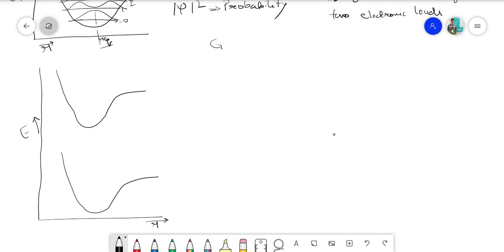So ground state levels are represented by double prime and the excited state by single prime. This is your single prime, this is your double prime. These are your energy levels.